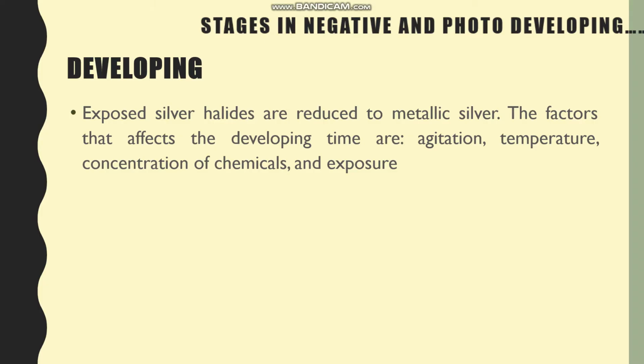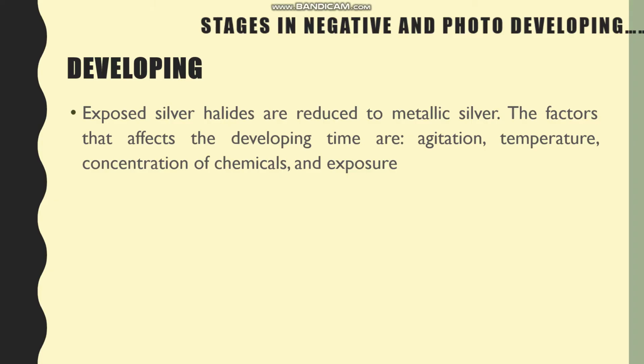Yung developing process natin, yung exposed silver highlights o yung na-form natin na silver ions na tinatawag is i-reduce into metallic silver. So, meaning to say, ang developing process natin is the process of reduction. From the latent, gagawin nating visible yung image. From silver highlights or silver ions na na-produce, i-reduce natin into metallic silver, lalabas yung ating latent image, lalabas yung ating invisible image.